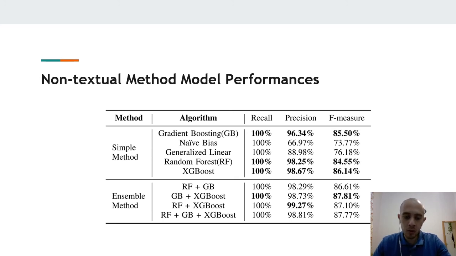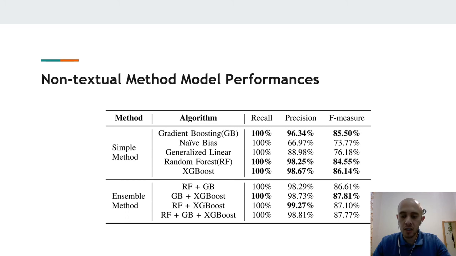For simple method or separated algorithms, you can see that gradient boosting, random forest, and XGBoost work better than naive Bayes and generalized linear, because mainly we have binary classification and a list of features. So we concluded that the models or algorithms based on decision tree can perform better than other algorithms.